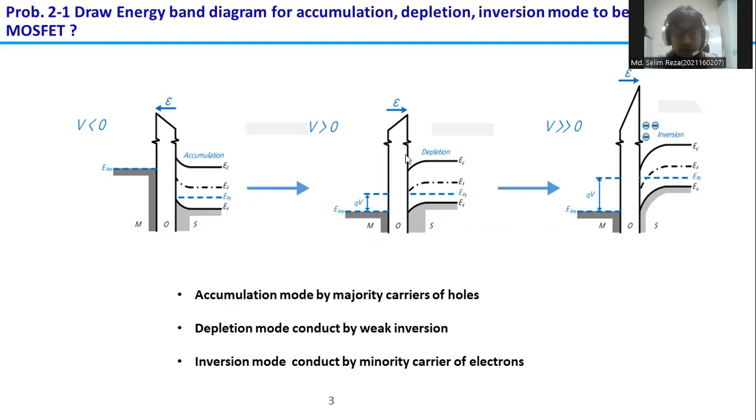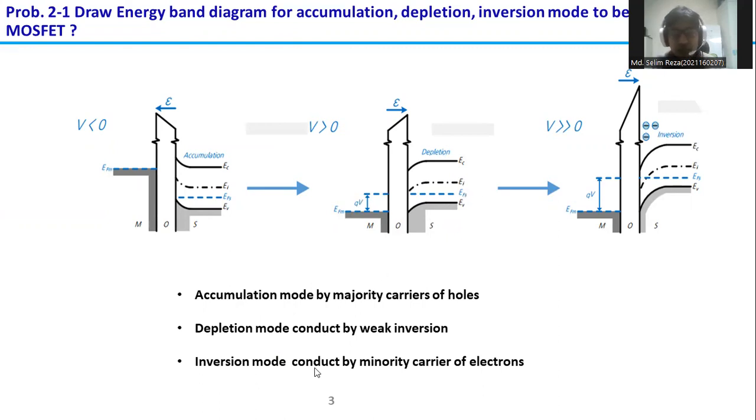For the depletion mode, it is conducted by weak inversion. For the depletion, the band diagram will bend like this, and the Fermi level will follow the same state.